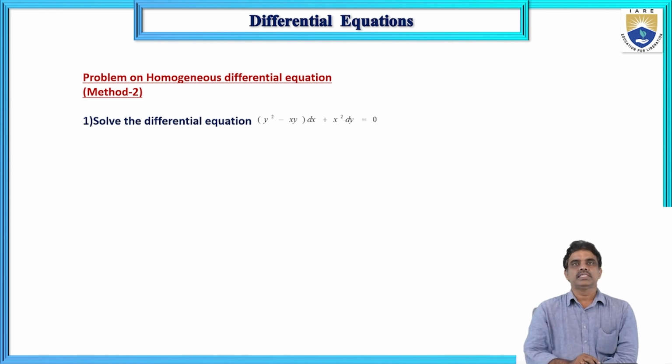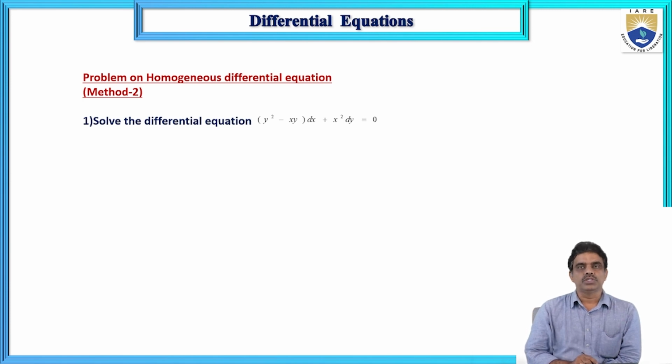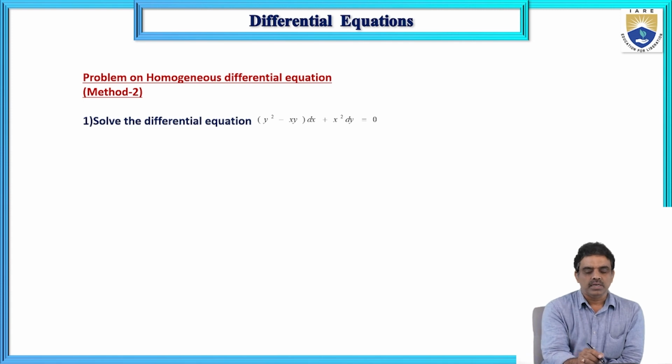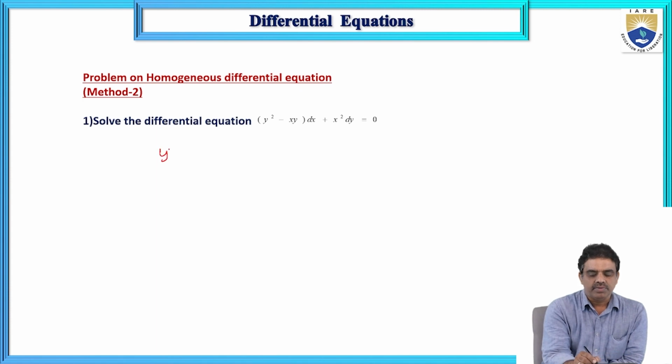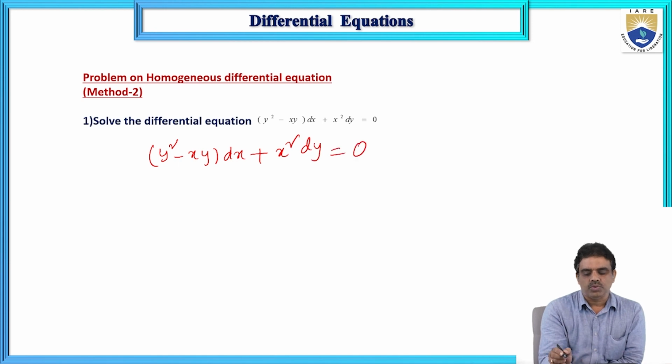In a homogeneous differential equation, to solve the equation, we reduce it into variable separable form by taking the substitution y is equal to vx. So first I will write the given differential equation (y square minus xy) dx plus x square dy is equal to 0.